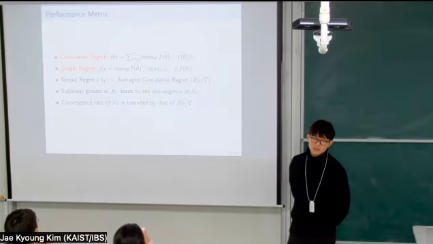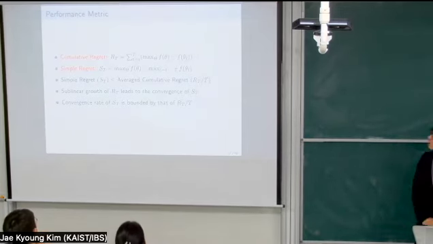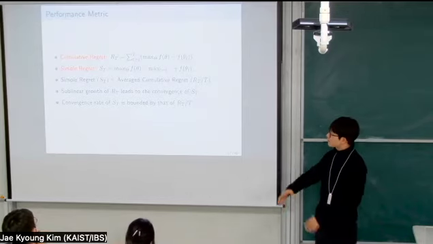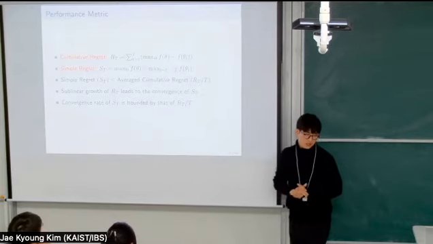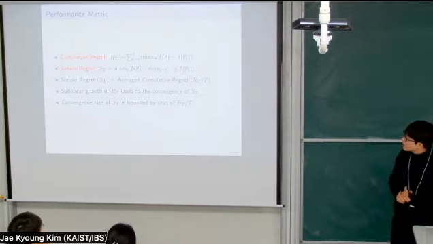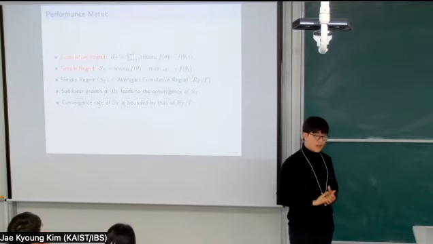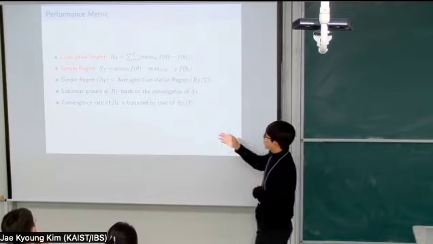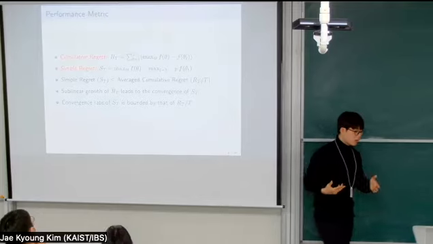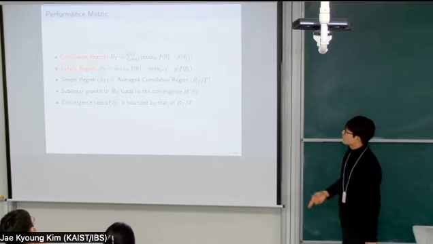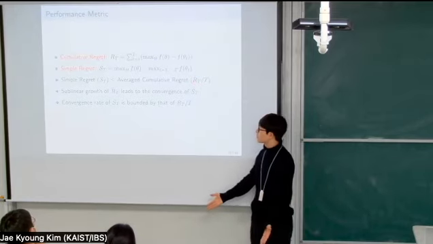There are two widely used notions in understanding the performance of these types of algorithms. First is cumulative regret, which sums up all the differences between the maximum and the current evaluation. The second metric, simple regret, is perhaps more relevant for optimization tasks, which simply compares the optimum value, the maximum, with the best function evaluation you have so far. As long as simple regret converges to zero, the algorithm is demonstrating convergence.